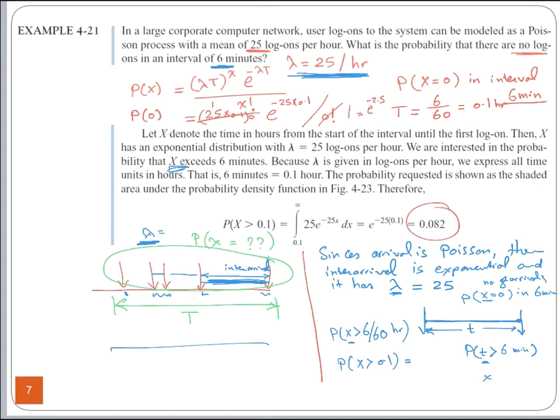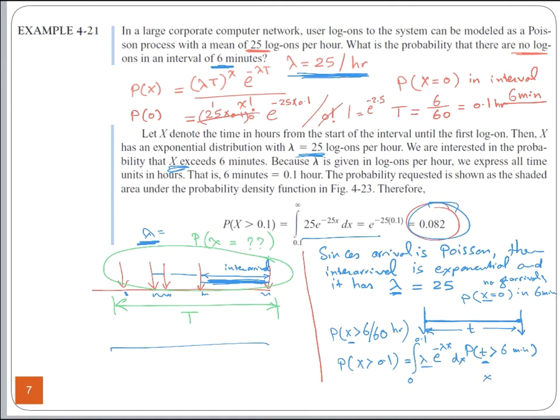So this is equal to, go for the expression, lambda e to the minus lambda x, and you integrate from 0 up to 0.1 with dx. And what's your lambda? Your lambda is the 25 value that you have here. Then you solve that, and you should get exactly the same value, 0.082.